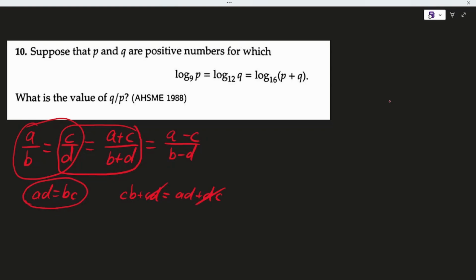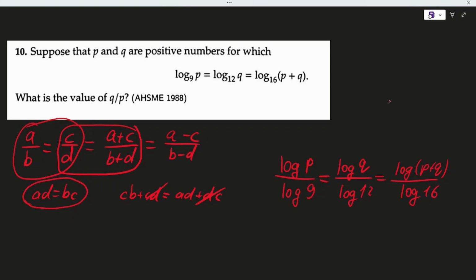And how can we apply this in logarithms? Generally, when we have different base logarithms, it's always better to rewrite them into one base log. So the first one can be substituted as log p divided by log 9 equals log q divided by log 12 and equals log of p plus q divided by log 16.